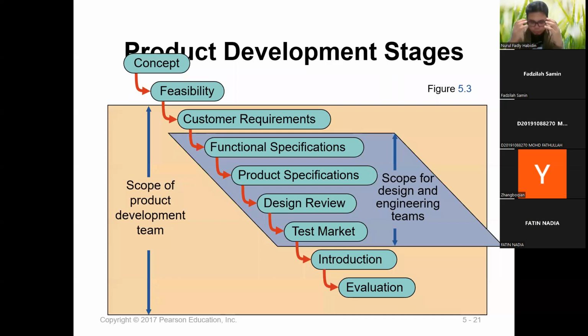So for the concept, we already know the concept for the customer and the concept on the economic change, the concept of the sociological and demography, the concept on the technology and political and legal, and the market segmentation. So the most important is the concept.